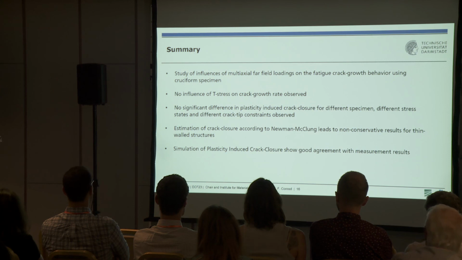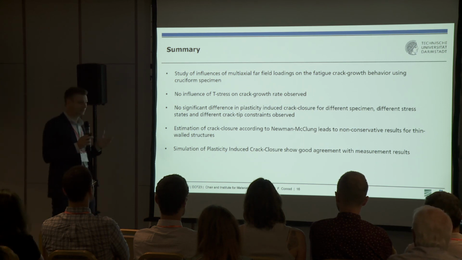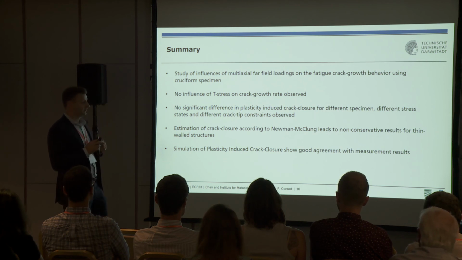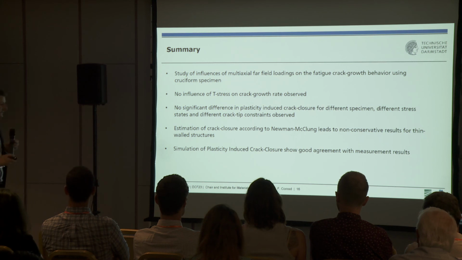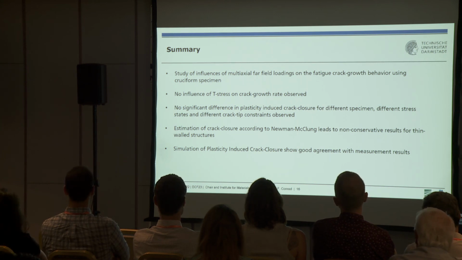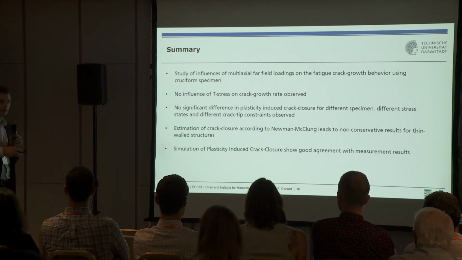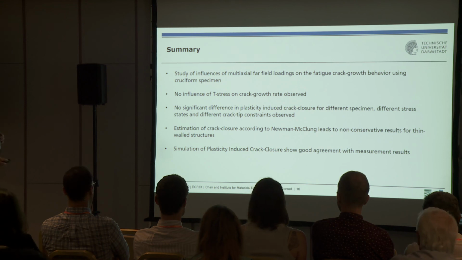So I'd like to summarize shortly. We did a study on influences of multi-axial loadings. We were looking at the T-stress, also with experiments on cruciform specimen. We do not see a significant influence of T-stress on fatigue crack growth rate and on plasticity-induced crack closure, independently of the specimen type, so corner crack specimen and also cruciform specimen.